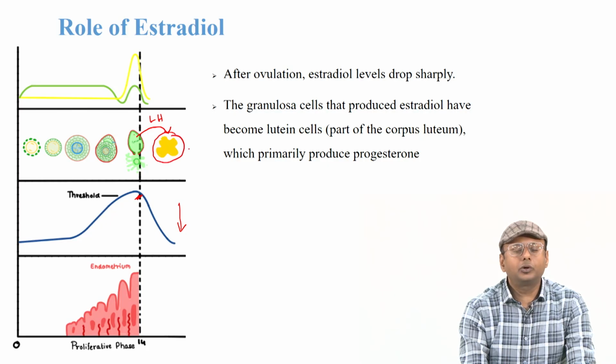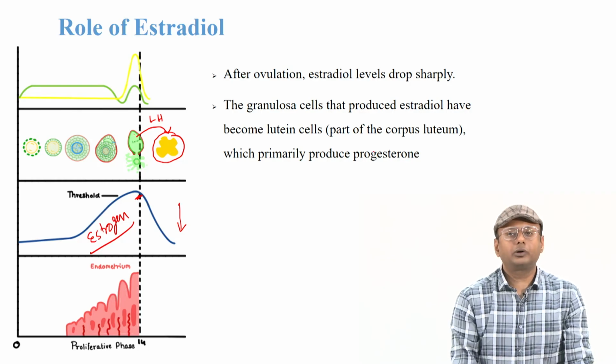Now there are no more granulosa cells, and that is why you can see a sharp drop of the estradiol level, right. So there is a sharp drop of estrogen whenever the granulosa cells are converted to the corpus luteum. Now, what is the basic role of the corpus luteum?